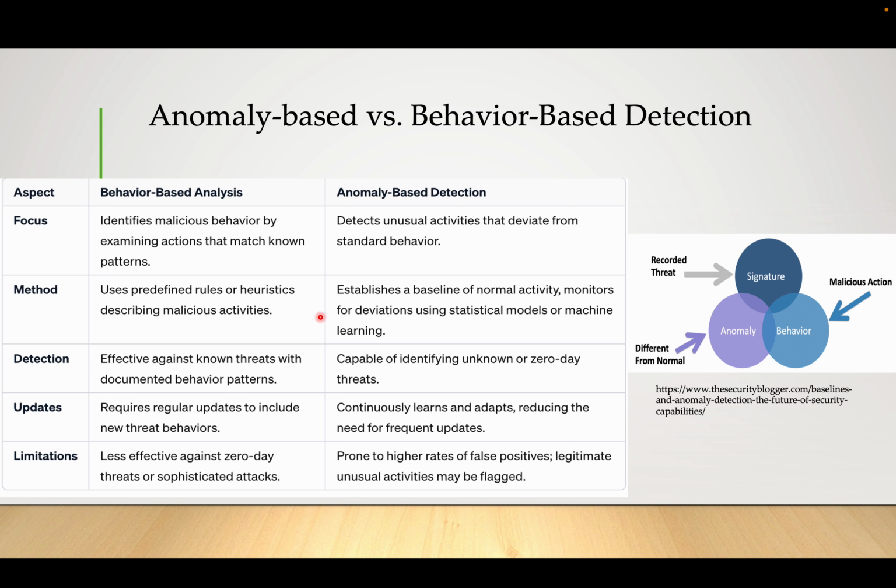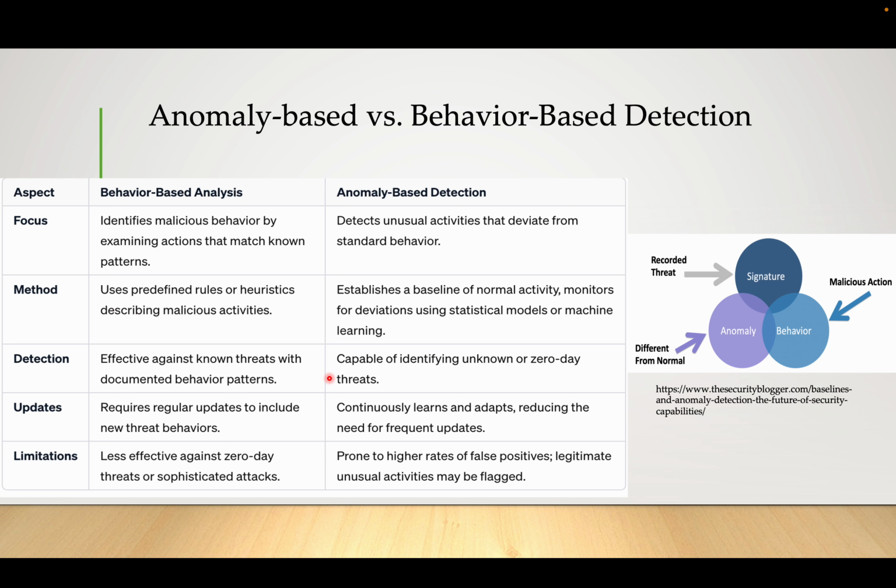On the other hand, the anomaly establishes a baseline of normal activity, monitors for deviation, and uses statistical models or even machine learning. Now, detection: behavior is effective against known threats with documented behavior patterns, while anomaly is capable of identifying unknown or zero-day threats.